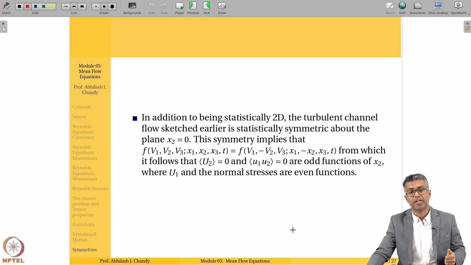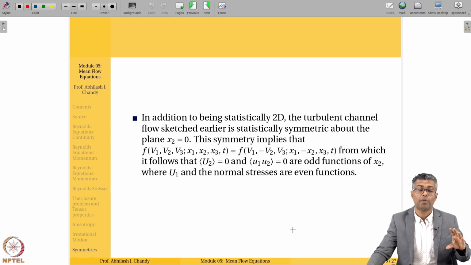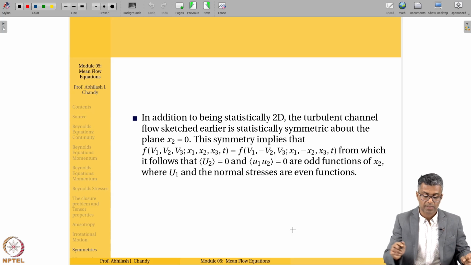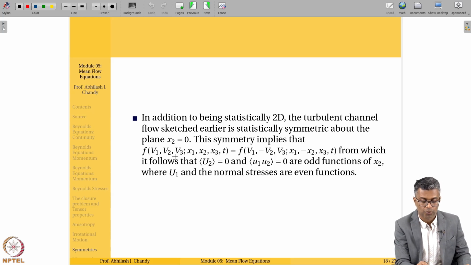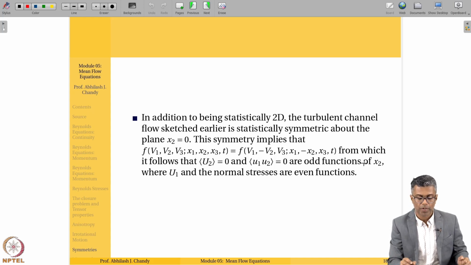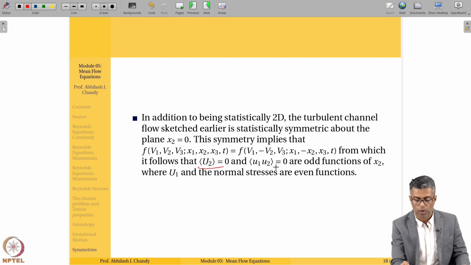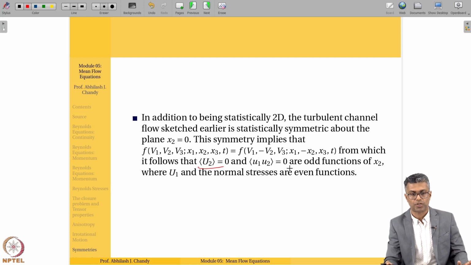Now, in addition to being statistically 2D, let's say you had the turbulent channel flow that you had earlier, then it is statistically symmetric about x2 as well. So then the symmetry implies that f(v1, v2, v3) is also f(v1, -v2, v3), and from that we can conclude that the mean of u2 is equal to 0 and u1'u2' is equal to 0 are odd functions of x2.